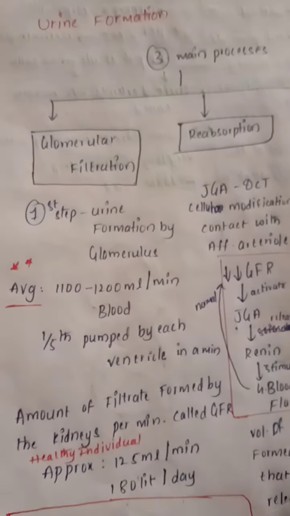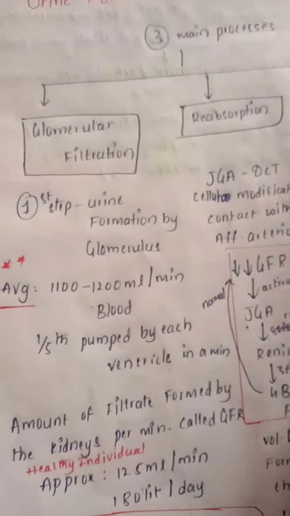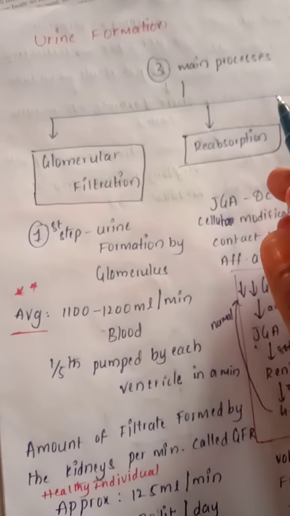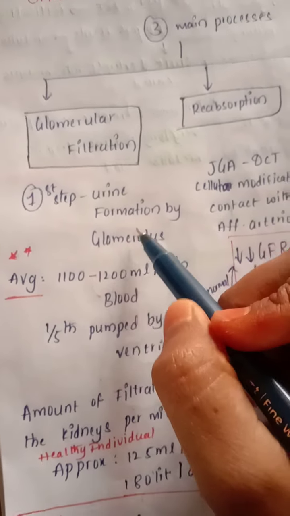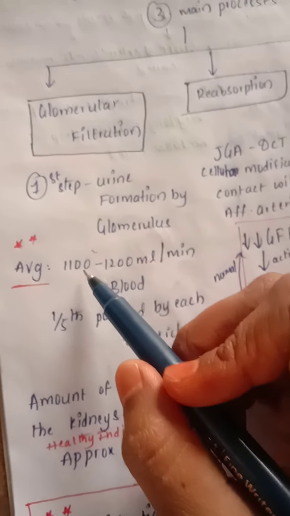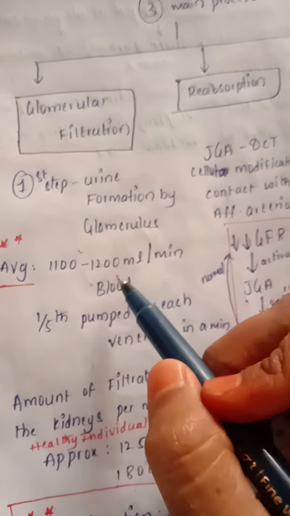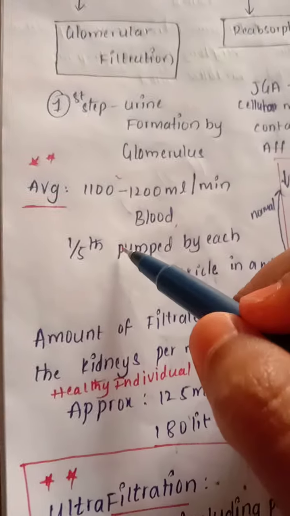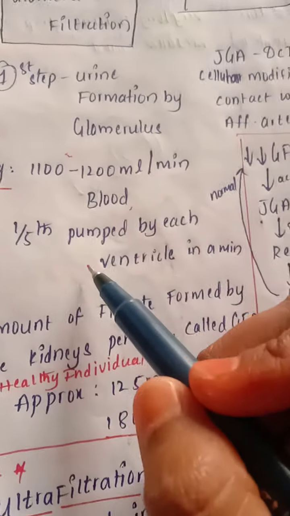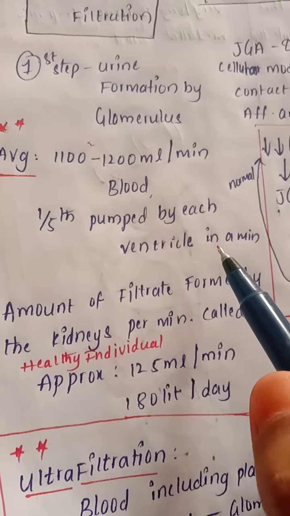The volume of the filtrate formed by the kidneys per minute is called the glomerular filtration rate. On average, 1100 to 1200 ml of blood is filtered by the kidneys per minute, which is about one-fifth of the blood pumped by each ventricle in a minute.